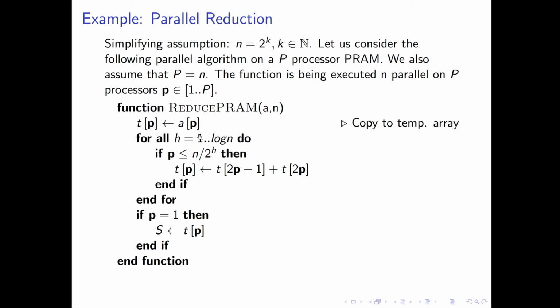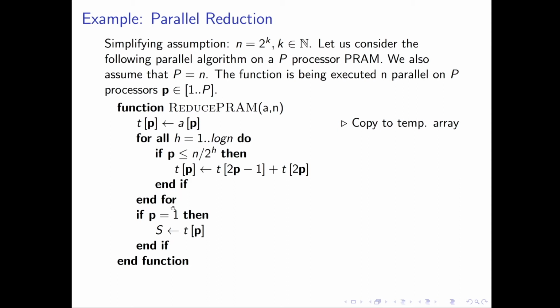With every time step, with every step through that tree, the number of processors participating halves. Then I perform this operation where I sum the two elements that the processor is responsible for, and I store the result in the respective element of the temporary array.